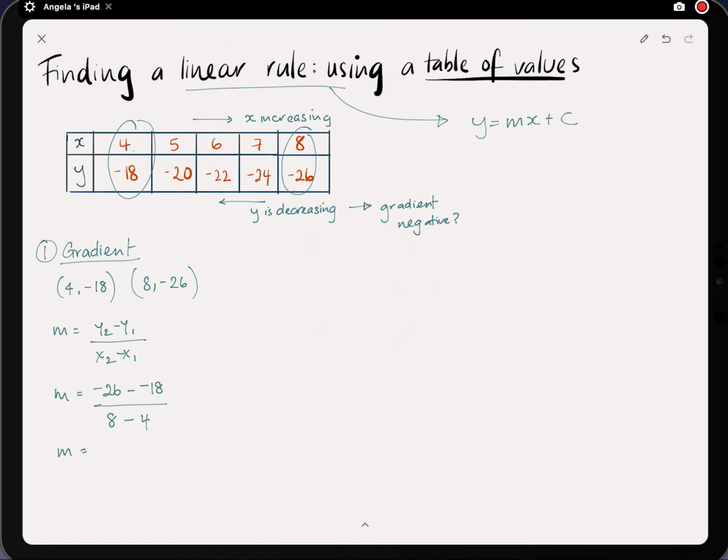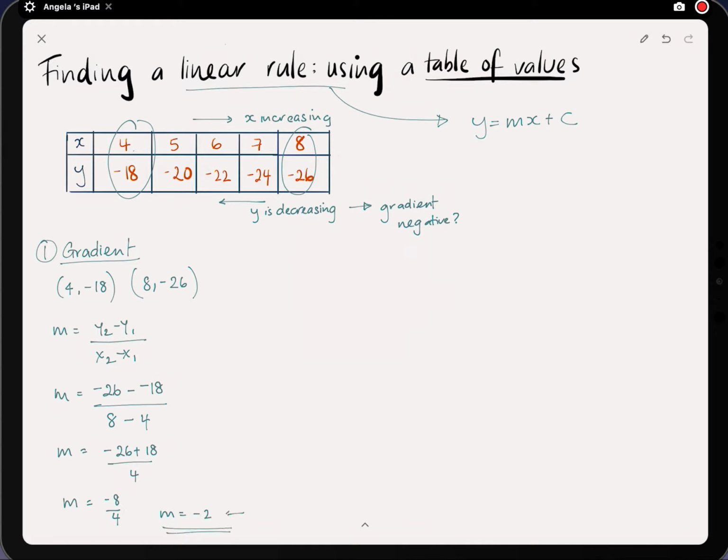So m is equal to negative 26 plus 18 on 4. Again, take very good care when dealing with your negatives. If you're not sure, by all means consult your calculator. So negative 26 plus 18 will give me negative 8 on 4, which means that m is equal to negative 2.